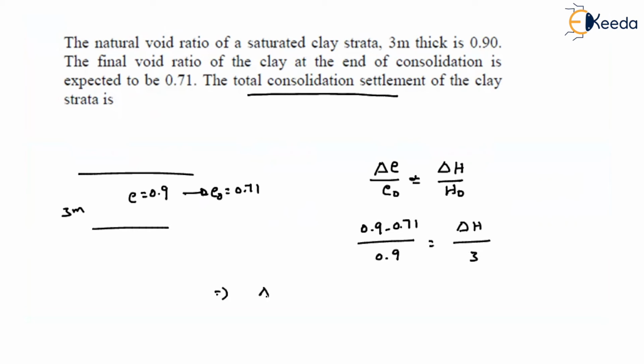Then what will be your settlement? Just solve this equation and you will get it. If you solve this, you will get the settlement as around 0.63. As the thickness is substituted in meters, the settlement is also in meters.